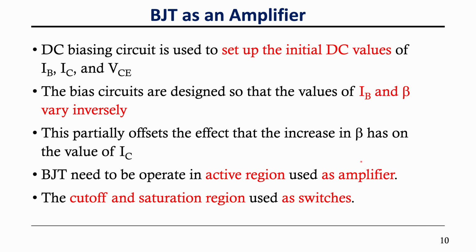It works as an amplifier at the active region, and it works as a switch at the cutoff and saturation regions. At cutoff, the switch is completely off, and at the saturation region the switch is completely on.